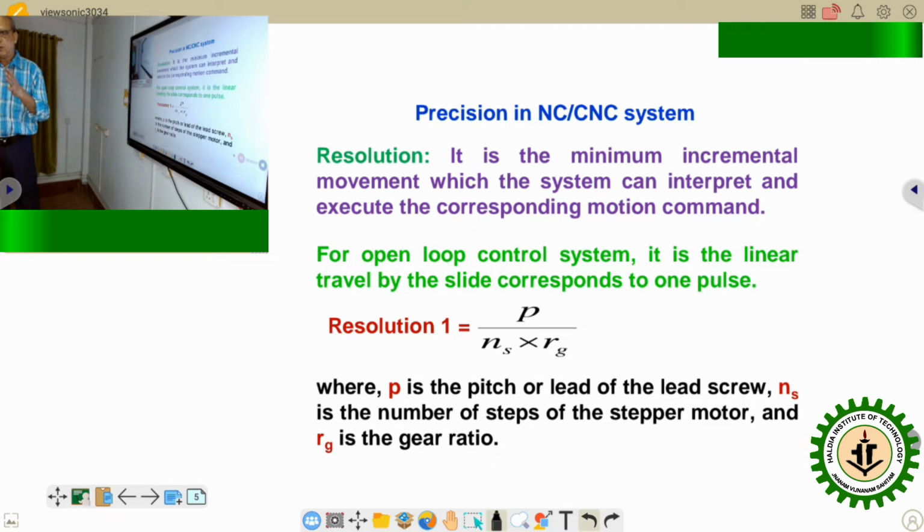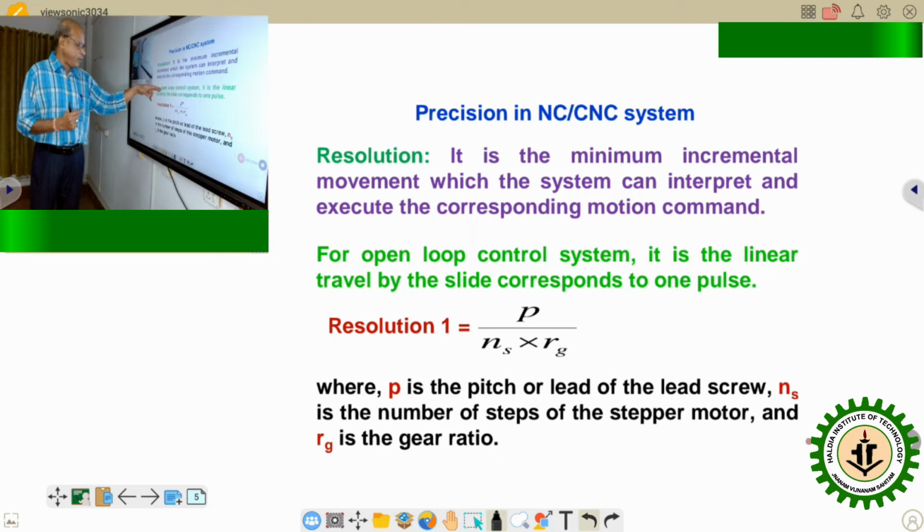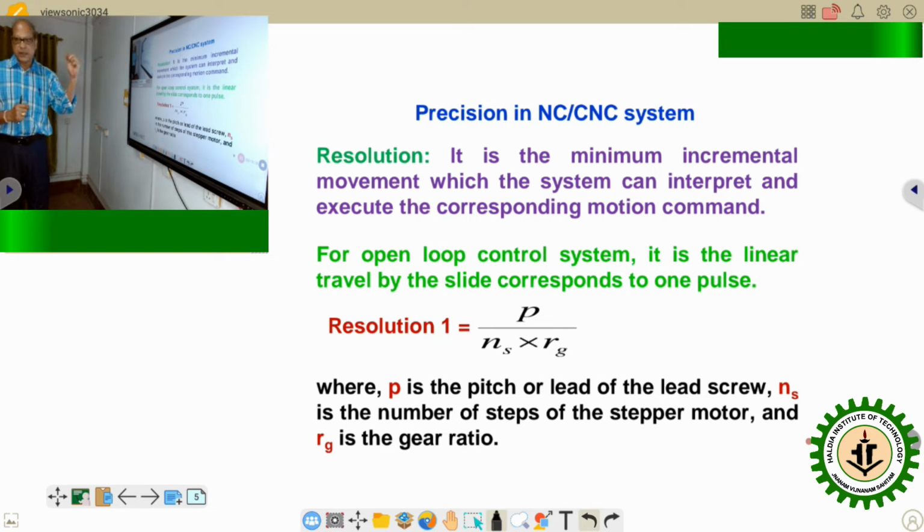Now we have two different categories of system. One is the open loop control system and another is the closed loop control system. First let us take the example of the open loop control system, where it is the linear travel by the slide that corresponds to 1 pulse. The way I have told you, 1 pulse is input to the stepper motor. So the stepper motor rotates by some amount.